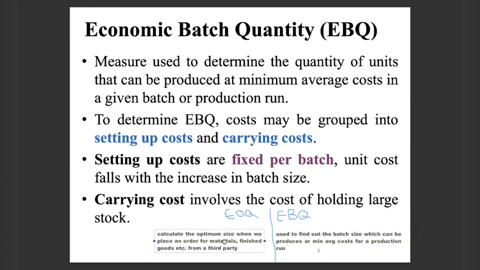Clear? So EOQ is used to calculate the optimum size when we place an order for maybe materials, finished goods, etc. from a third party. But EBQ, that is internal, used to find out the batch size which can be produced at a minimum average cost for a production run. That is internal. We are doing the production internally, and now we are deciding on the batch quantity that we need to produce. Is it clear?